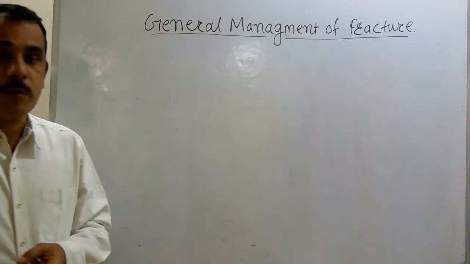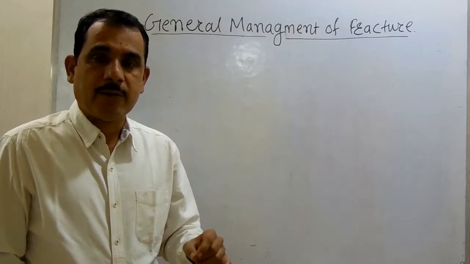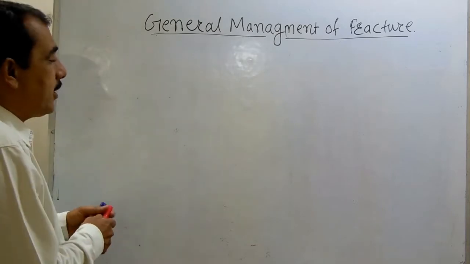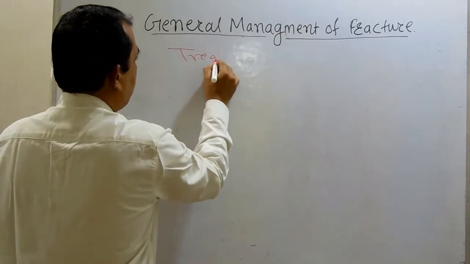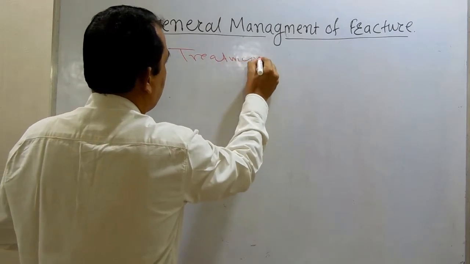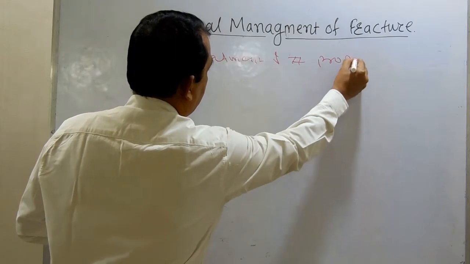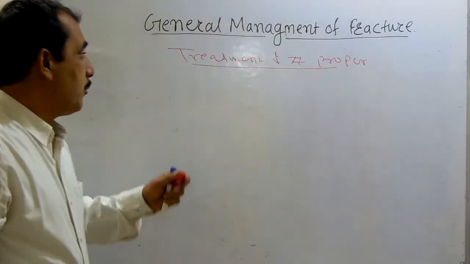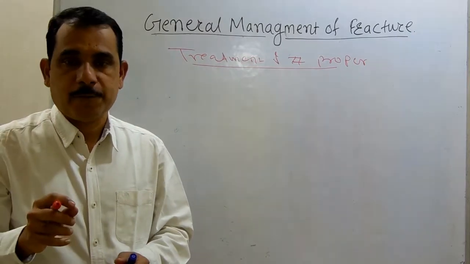In the last lecture we completed the general assessment and management, and we started the treatment of fracture proper. We have been seeing that the treatment of fracture proper should start after defining the fracture.